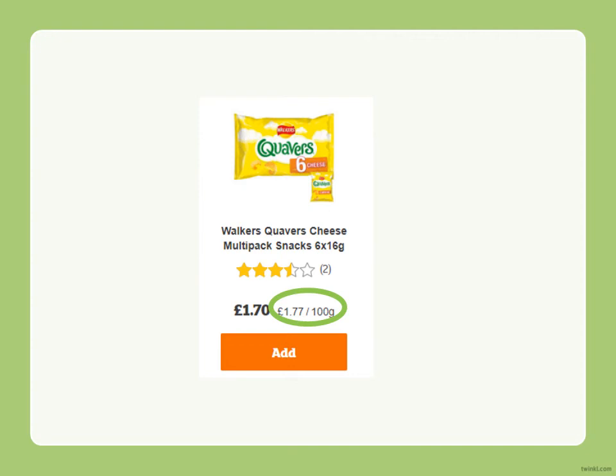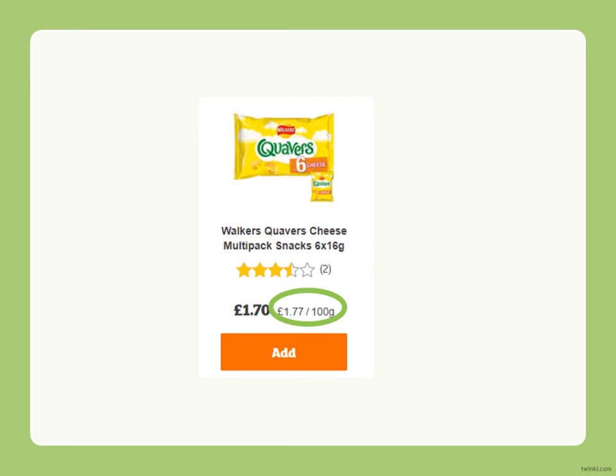For the next products, you're going to need to record your prices per 100 grams or per 100 millilitres. So on the products, it will show you the price per 100 grams. I've just chosen a random product. I don't think quavers are grown in Africa or Asia, do you?